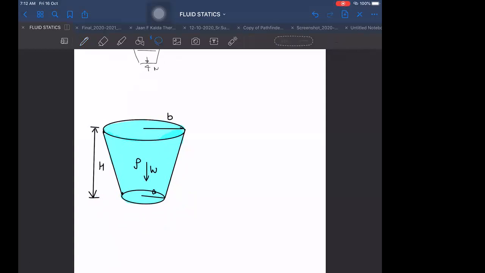Rho into volume into G. Volume is equal to 1/3 pi into (A square plus B square plus AB) into H, by 3. That is the volume. Sorry, into G. That is the weight.